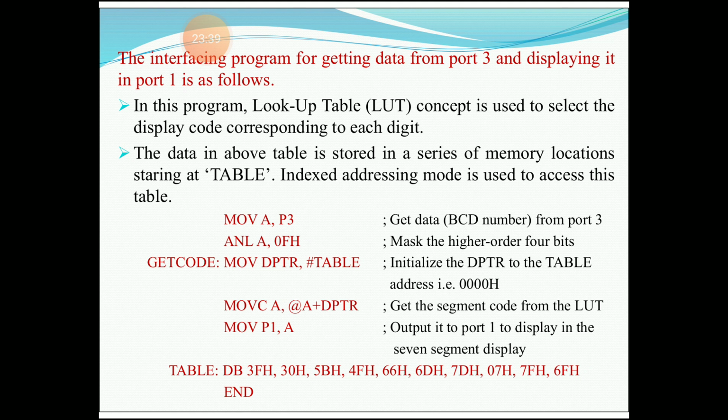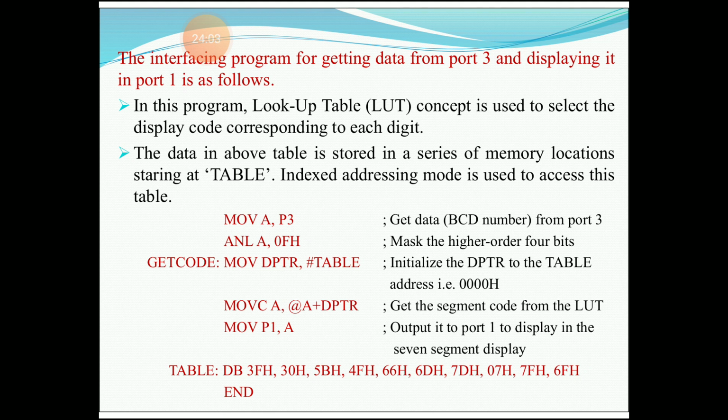Now P3's lower order 4 bits carry the BCD number. The upper 4 bits are masked, becoming 0, by using the instruction ANL A, #0FH. This instruction masks the higher order 4 bits. Now the lower order 4 bits from port 3 carry the required BCD number.